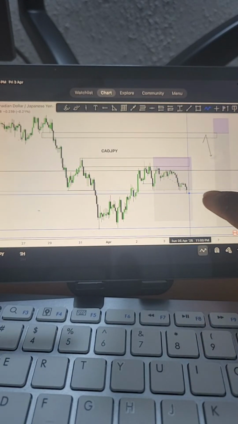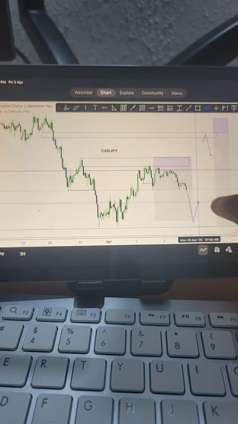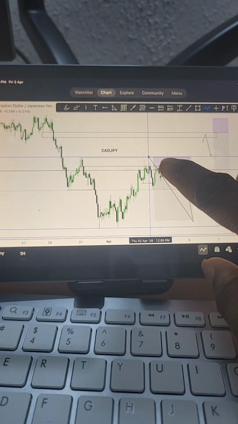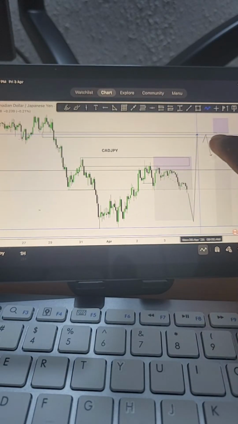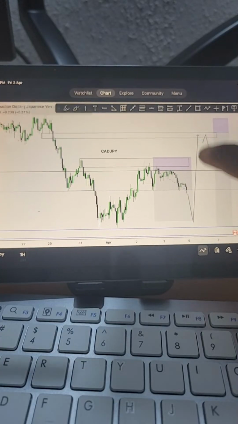I'm anticipating for price to come down, take out this low, push up, take out this low, this high, and then tag into this main POI and then push downward.